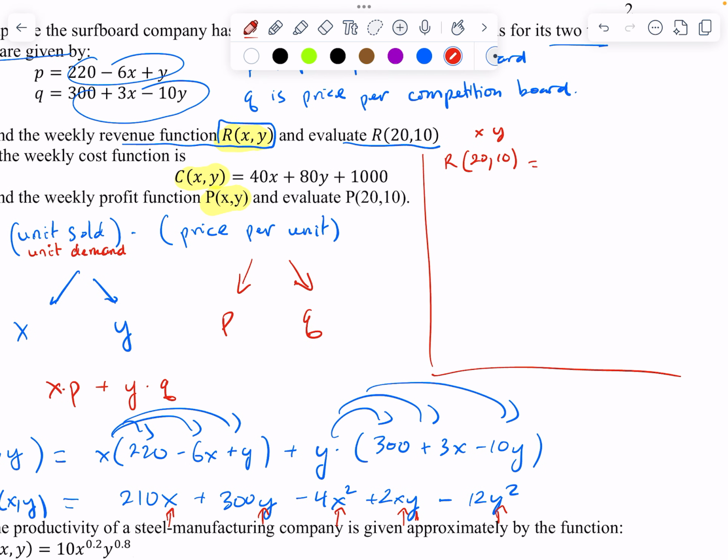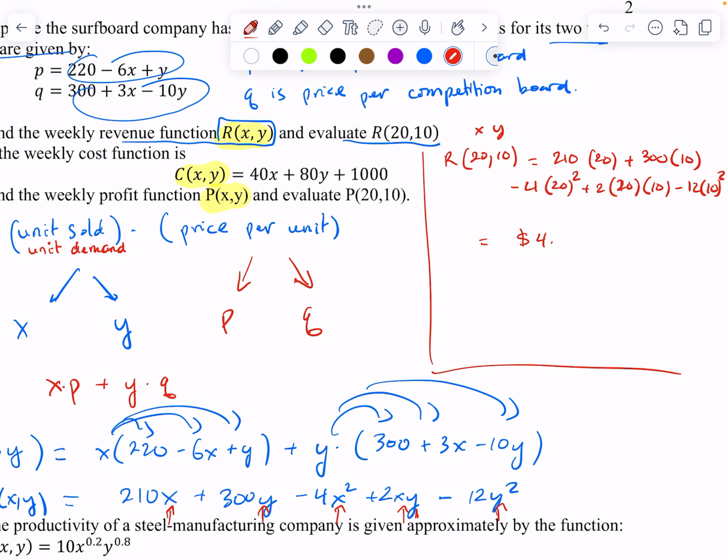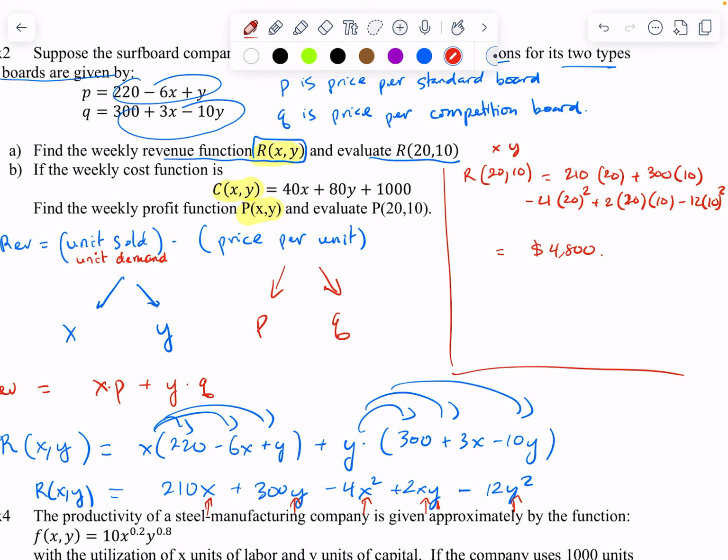So that is 210 times 20 plus 300 times 10 minus 4 times 20 squared plus 2 times 20 times 10 minus 12 times 10 squared. If we calculate all that correctly, the total revenue is 4,800 per week. So that is the weekly revenue.